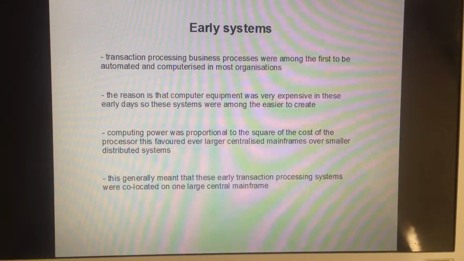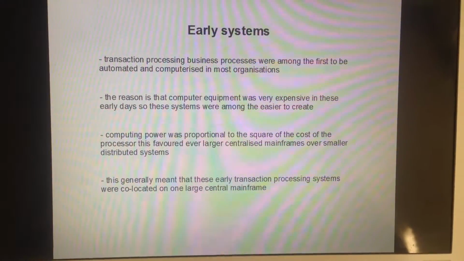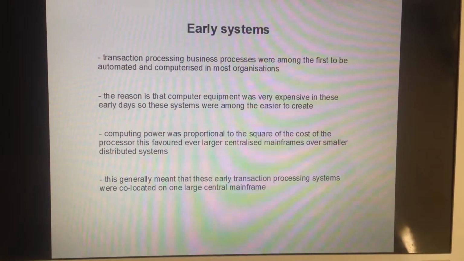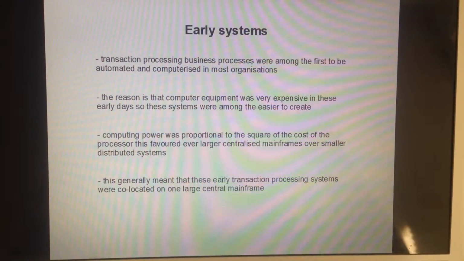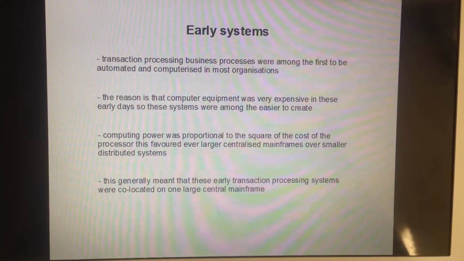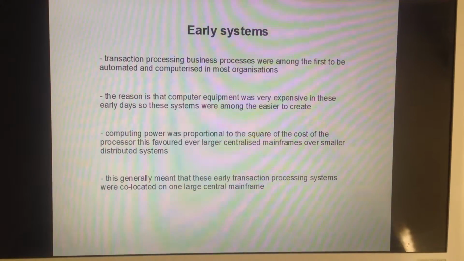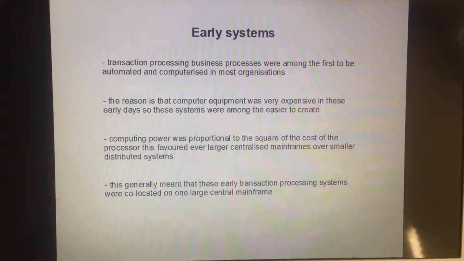Computing power was proportional to the square of the cost of the processor. This favored ever larger centralized mainframes over smaller distributed systems. And lastly, this generally meant that these early transaction processing systems were co-located on one large central mainframe.